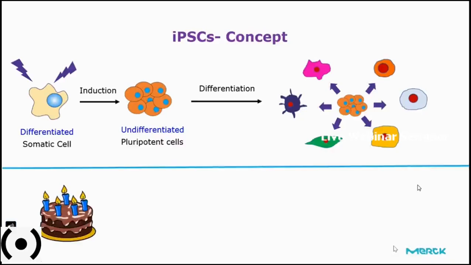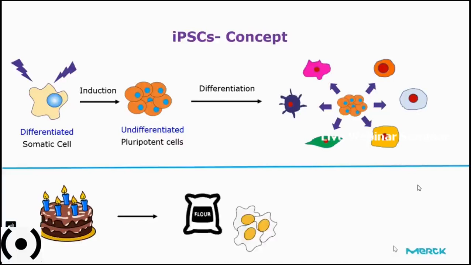Suppose you have a cake, but you don't want to eat cake, rather you want to eat cookies. So if you can convert this cake back into flour and eggs, then you can make cookies out of it again, right? This is exactly what happens in iPSCs.